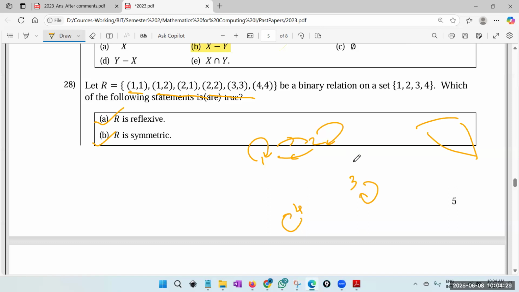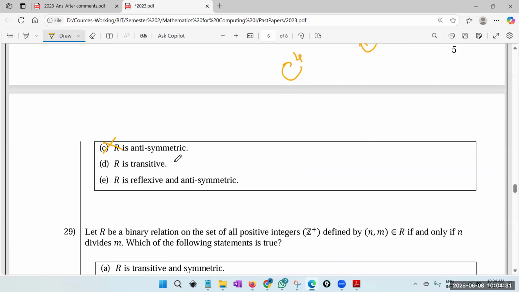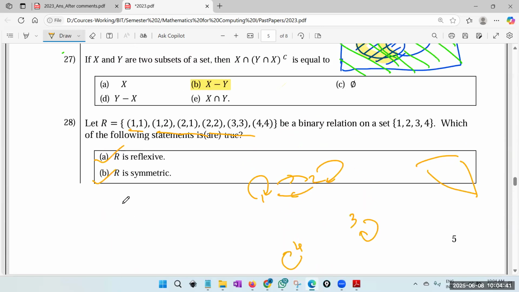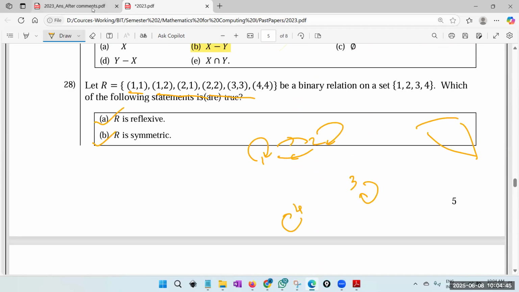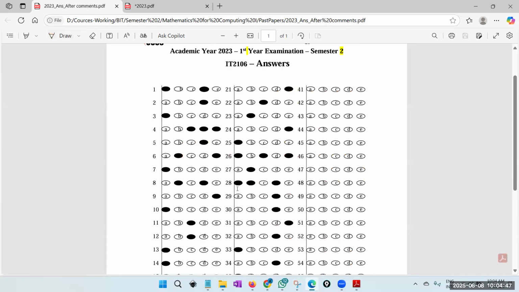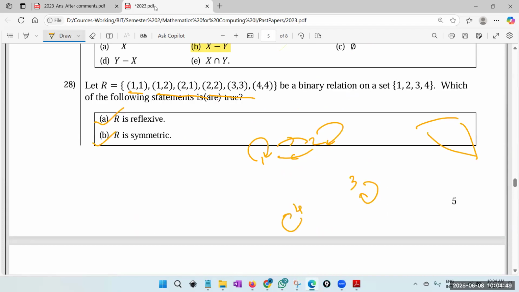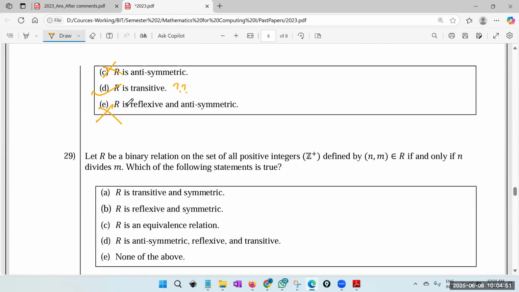Therefore we can take it. I don't know whether this is a little bit debatable, but this is not violated. I will say yes. Of course, not antisymmetric. I'll go for A, B, and D. 28. Yeah, D, because it's not violated. A, B, and D.